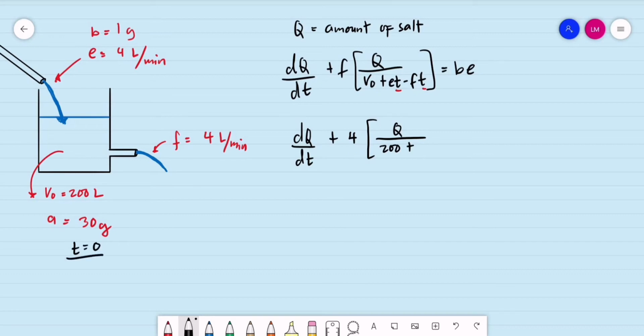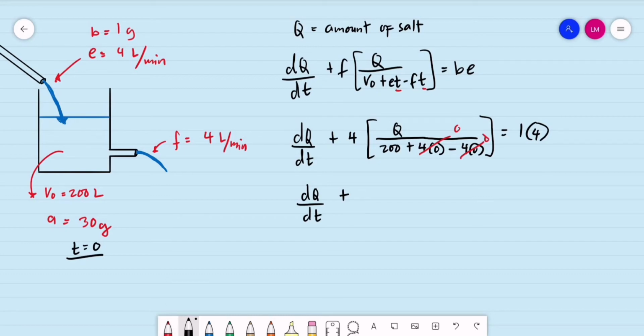So this is plus the value of E, 4, multiplied by time 0, minus 4 at time 0, is now equal to the value of B, that is 1 gram, times the rate E, that is 4 liters per minute.